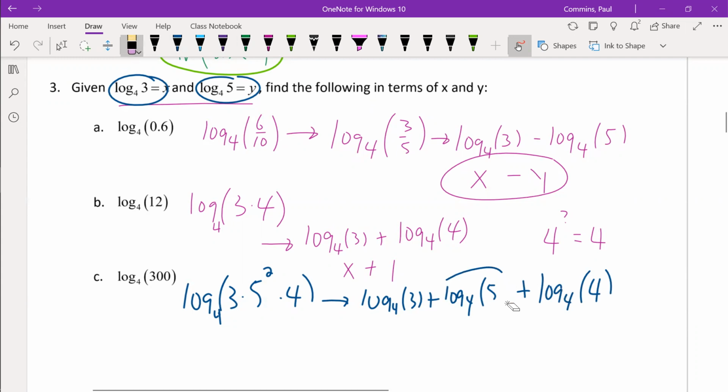It's 2 log base 4 of 5. So log base 4 of 3 is x. Log base 4 of 5 is y. This is 2y, sorry.